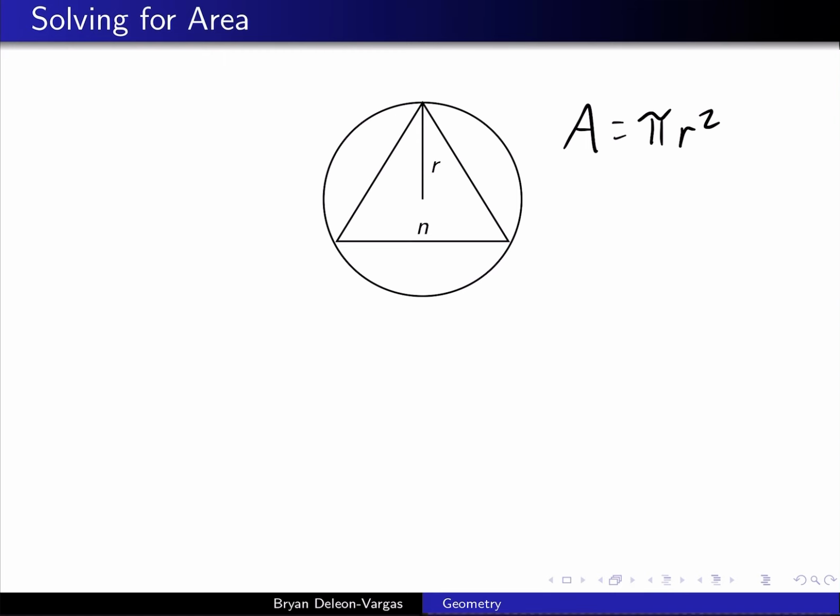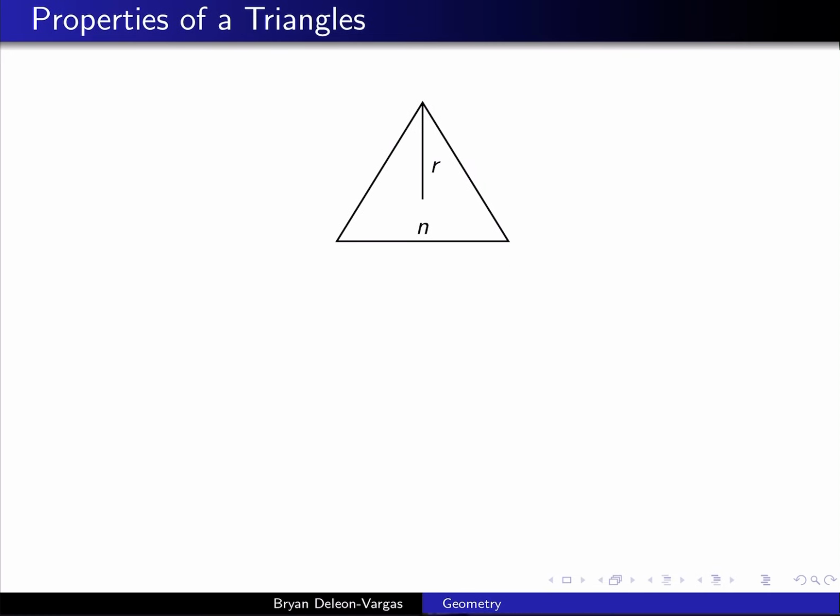Well, let's take a moment to think about the properties of an equilateral triangle. Here's our triangle, and here's some fun things about a triangle. And then this line R. This line R is basically, since it's the radius of the circle, the distance from the middle to this point here.